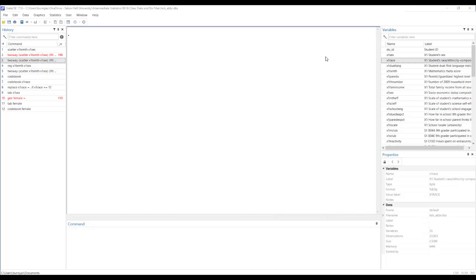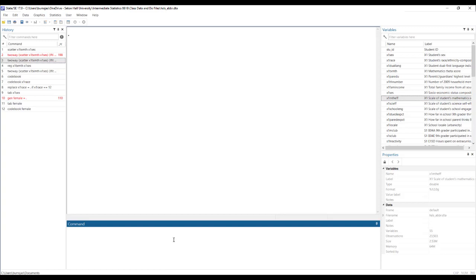And that becomes really important because you need to put your independent variable in one place within the command and your dependent variable in another place. And if you mess that up, you're going to get results that don't actually answer the question that you're trying to work with. So let's look at the relationship between math achievement and SES.